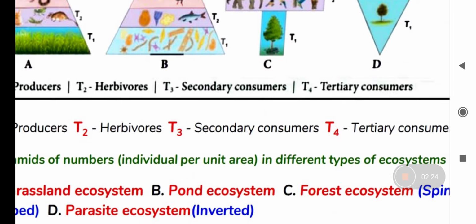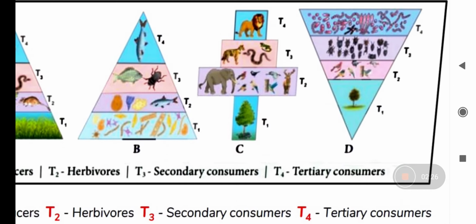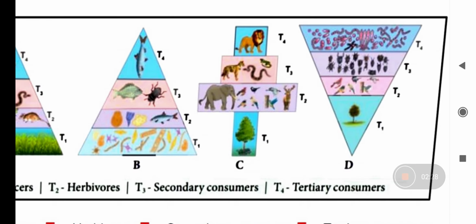In the case of a forest ecosystem, we will see a spindle-shaped pyramid. Of course, the number of trees will be less, there will be more primary consumers, and the number of secondary consumers will be less. So this shape comes when we talk about the forest ecosystem, the spindle shape.